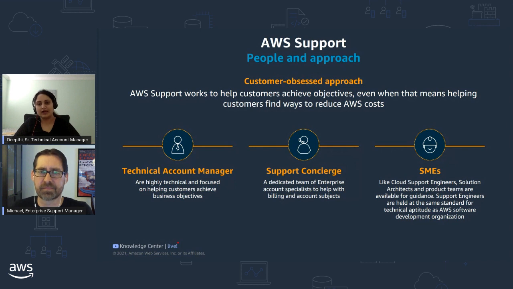And if you also have some strategic direction, like reducing your AWS bill or looking at some of the credits and understanding the bill, you can also work with your TAM, who can bring in a support concierge to talk with you. They also work on savings plans, RIs, and any other details that you might want to know about.